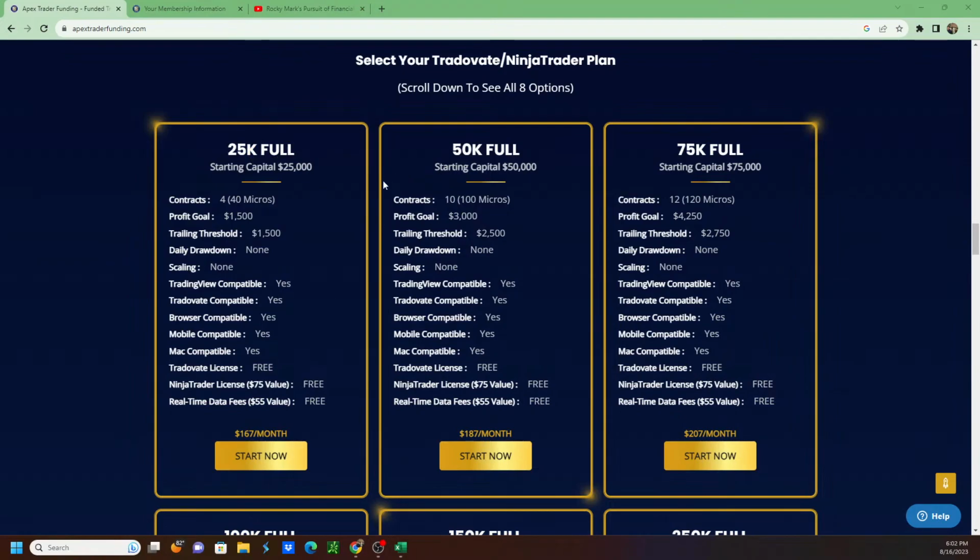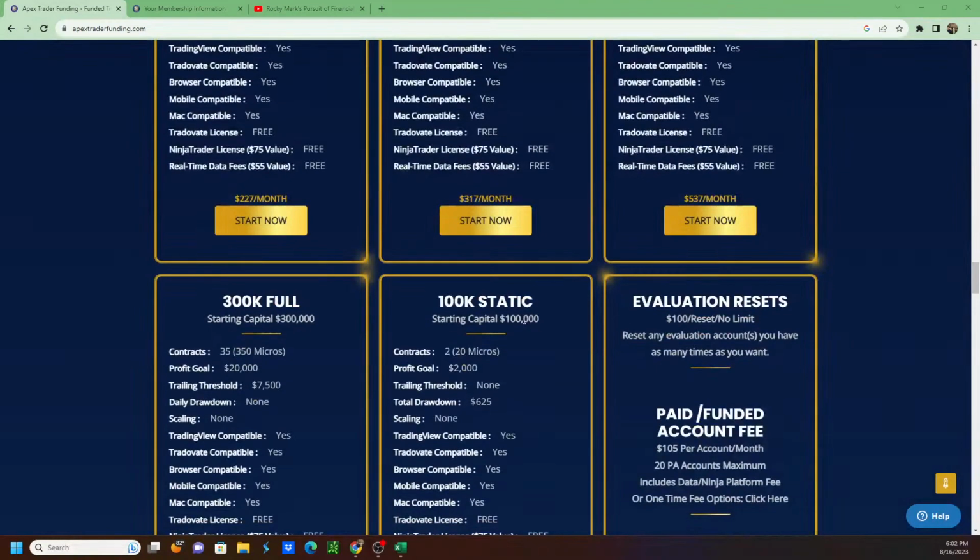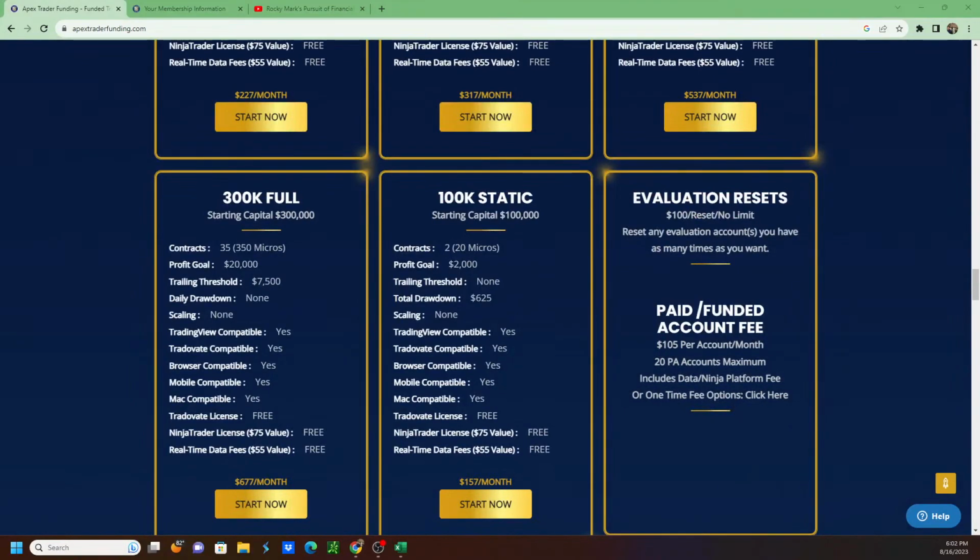Let's do pink. So the different accounts you can see here are mostly full accounts. The only difference is basically the last one here is a static account. And the main difference between a full account and a static account is really the trailing threshold.